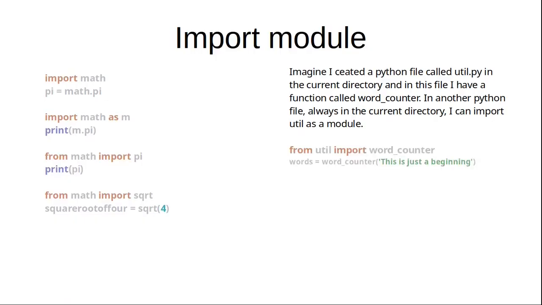I can partially import the util module, from util import word counter, and directly use the word counter function of the util. Or I can import the whole module, then I will use util.wordCounter.